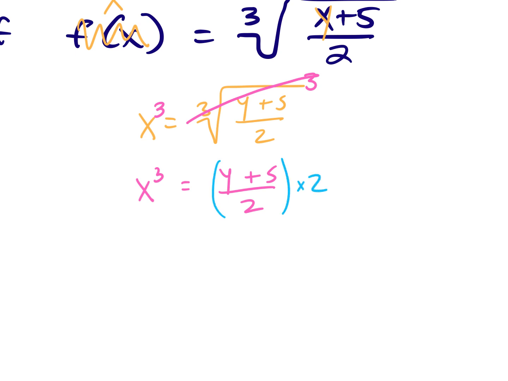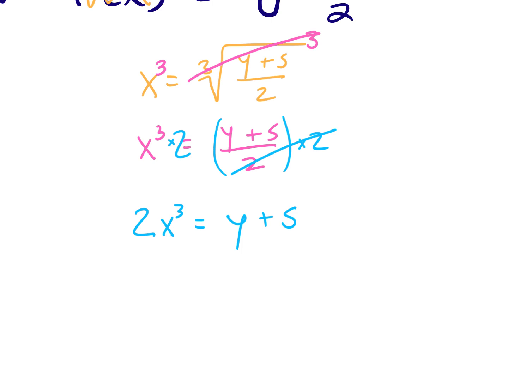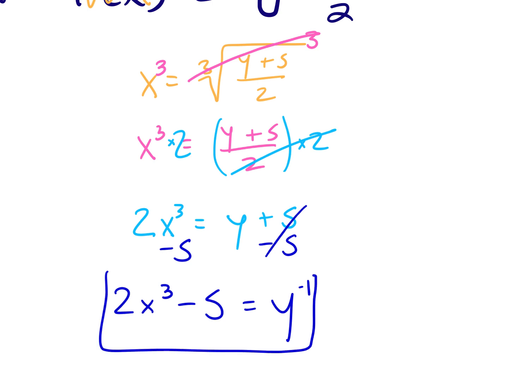So I'm going to multiply this whole side by 2 and multiply this side by 2. So we get 2x to the 3rd power is equal to, cancels out here, so y plus 5. What's the last step? Minus 5. So 2x cubed minus 5 is equal to the inverse of y. Don't forget to name your inverse. Need that little -1 symbol on the y.